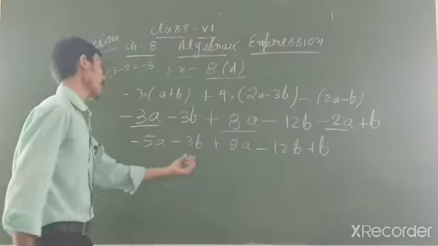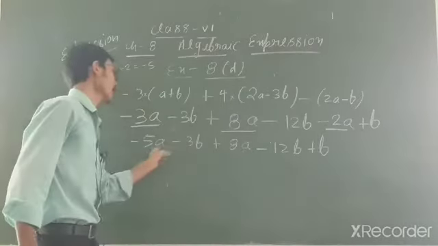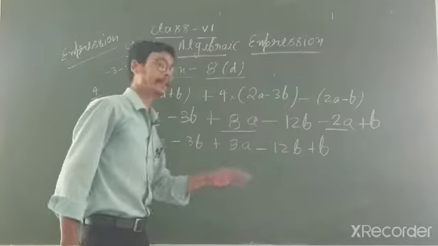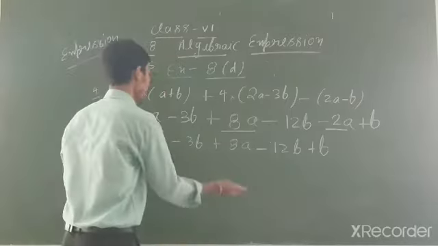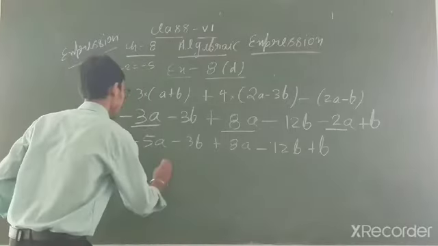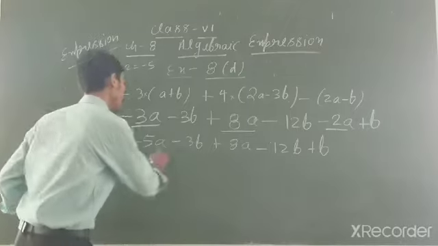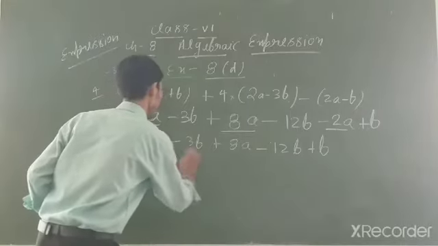Again -5a and plus 8a. You know that minus plus minus and the sign of greater integer. So which one is greater? 8 is greater. So minus plus minus, that is 8 minus 5, 3. Sign of greater is plus, so no need of writing. A is given, so write down a, that is, this one is clear.